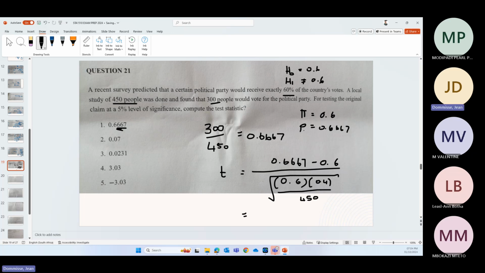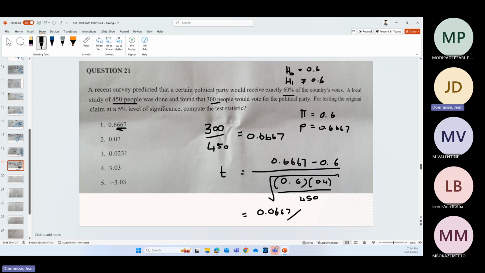Okay, so then it is that minus that. So 0.6667 minus 0.6. And if anybody has anything different, please shout.